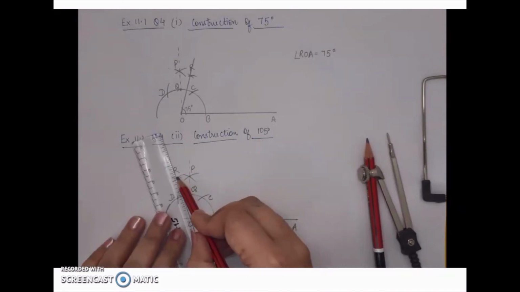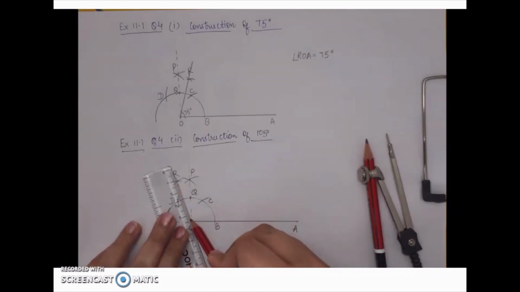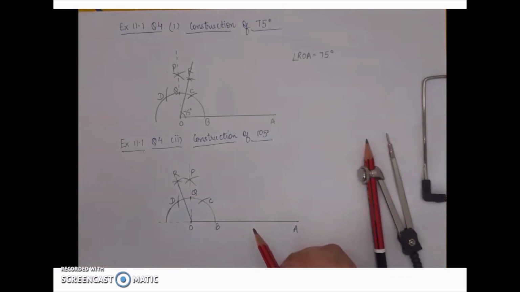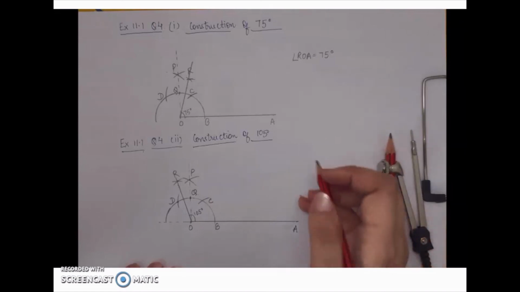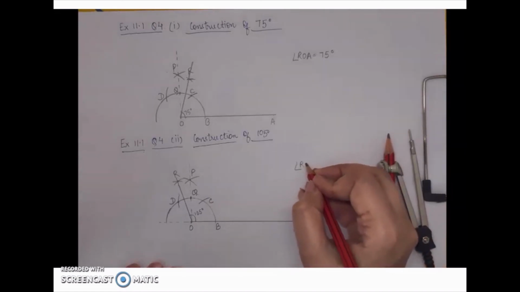Now join OR, that will be the angle bisector. Angle ROA, this angle will be 105 degree. So angle ROA is 105 degree.